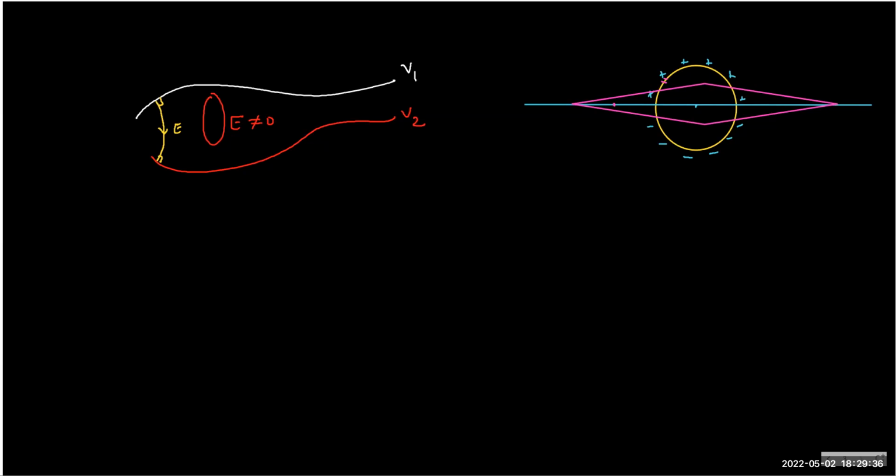And that is why, if it is exactly cutting into half, then every point in this plane will have zero potential.